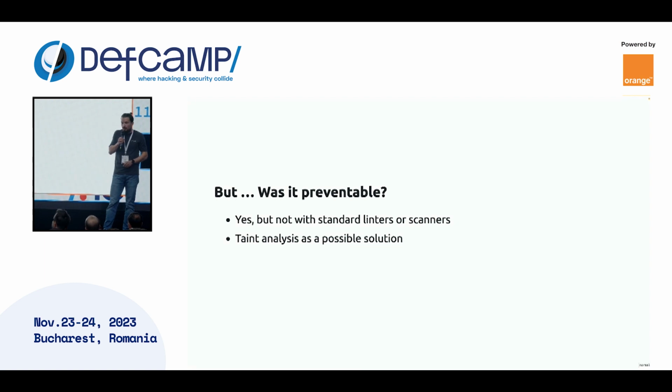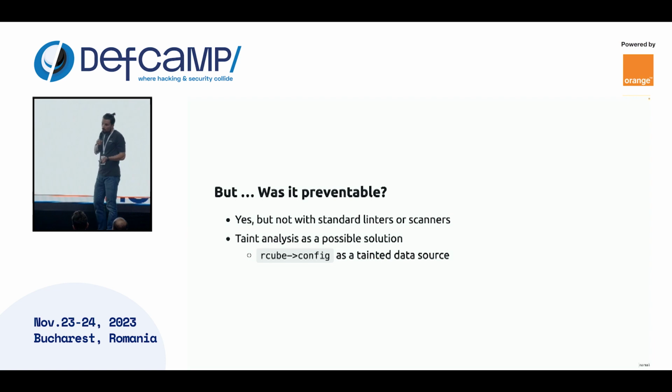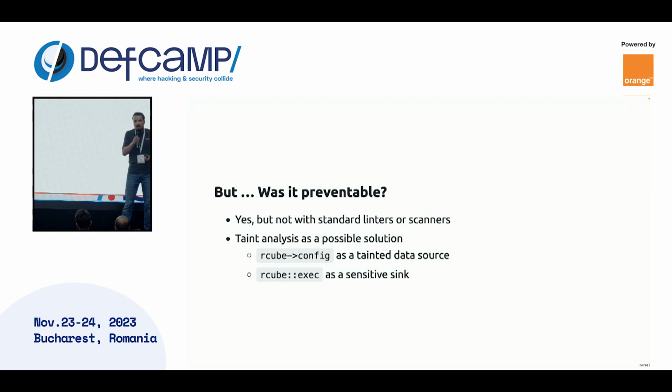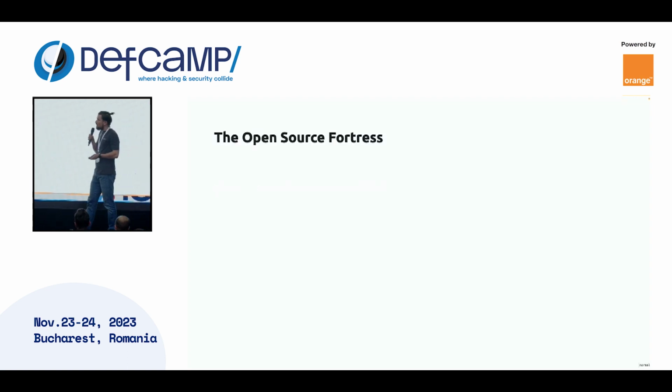So we can use another technique, which is taint analysis, by setting the Roundcube config as a tainted data source and rcube_exec as a sensitive data sink, namely something that may have a security impact on our application if it's used wrongly.